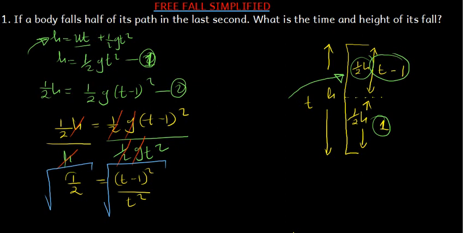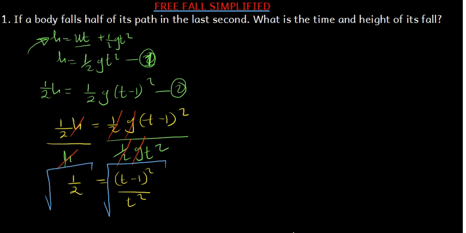The square root of 1 is 1, and down we have the square root of 2, because the square root applies to both 1 and 2. That is equal to, on top, t minus 1, and down, t, because the square root cancels the square.